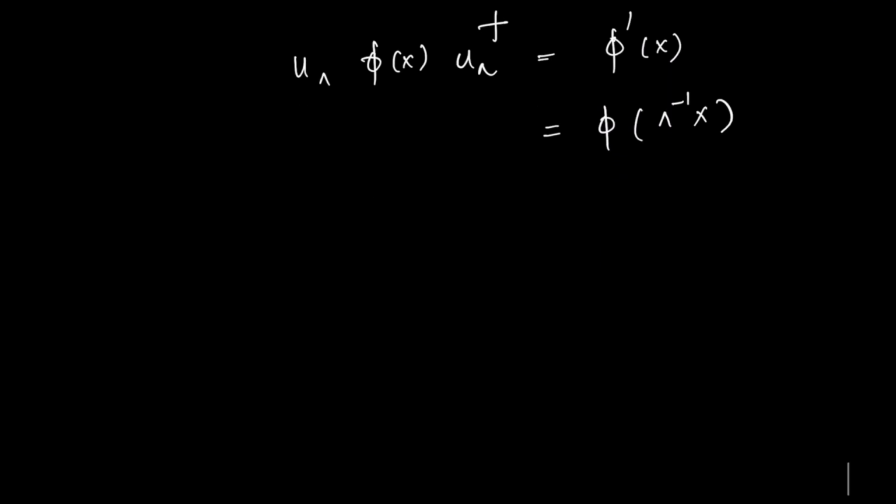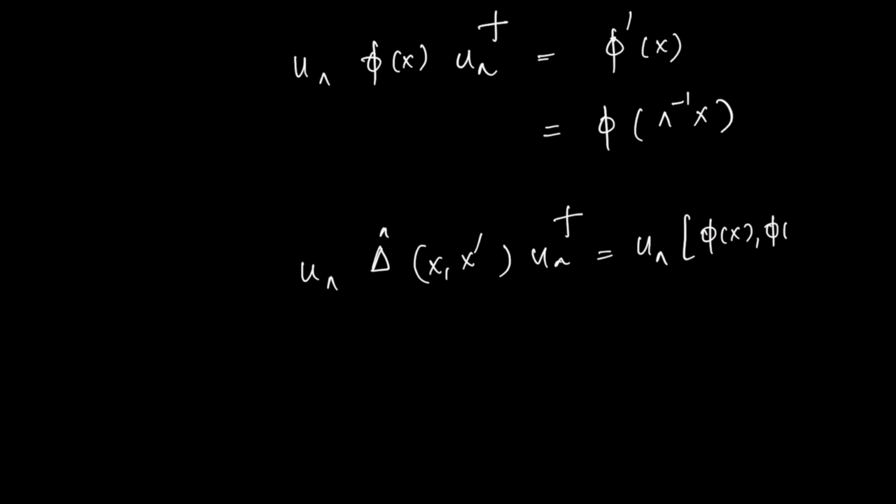This is by definition. Now let's operate the deviation with U lambda, that is U lambda acting on the deviation. Then what happens? I can substitute for the deviation. So U lambda on the deviation means phi of x, phi of x prime, then U lambda dagger.